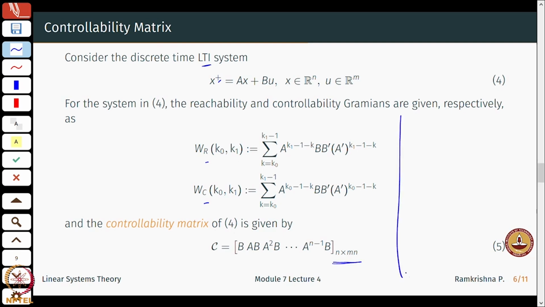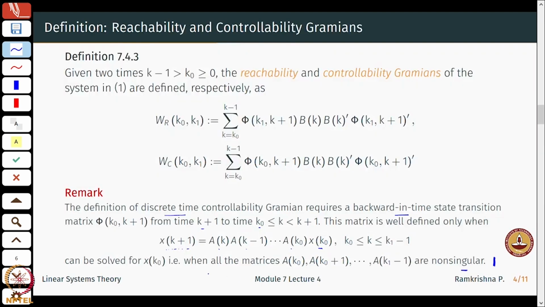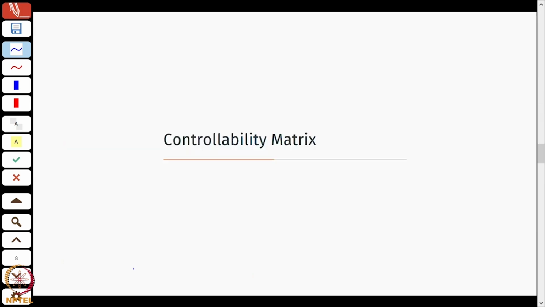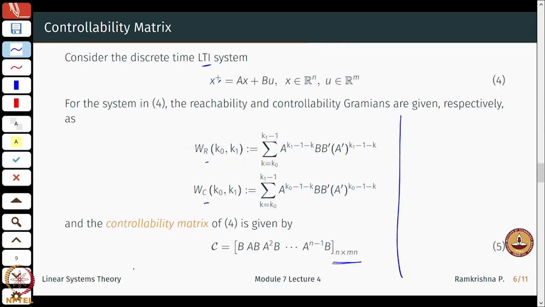Okay. So let us reinterpret this statement here. What is the definition of a discrete time controllability Gramian? Let us say I am just interested now in these powers, A to the k naught minus 1 minus k. When k equals k naught, the first term becomes A to the k naught minus 1 minus k naught, that is A inverse.